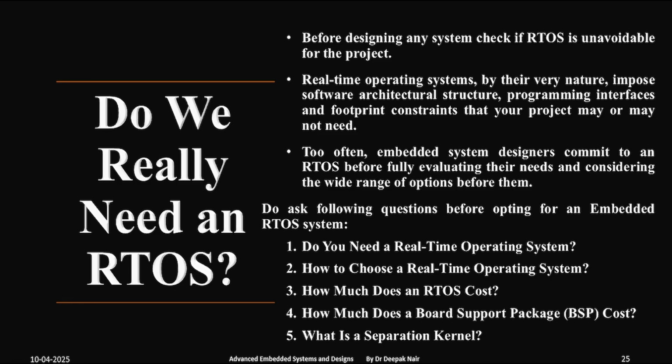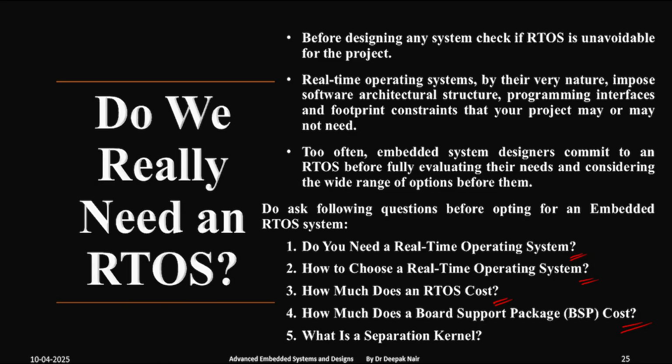Some of the questions which can be asked are: do we really need a real-time operating system? And if so, then how do we choose a real-time operating system? Second, how much will the RTOS cost if you are going for a commercial RTOS? And does your RTOS support your board support package?